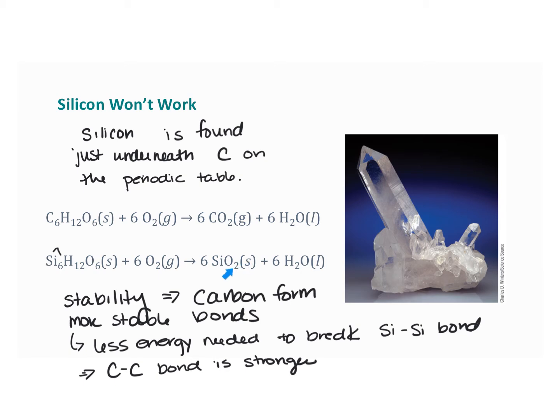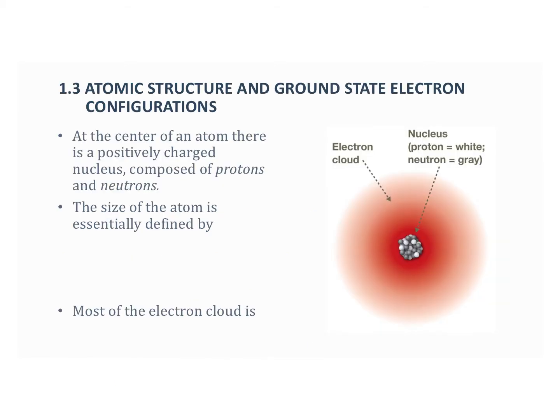So our waste byproduct would be a solid, and that would be really hard to excrete, whereas CO2 is very easy to excrete. We just exhale it. That's also a big reason that silicon doesn't work. So let's talk more about bonding capabilities and structure.